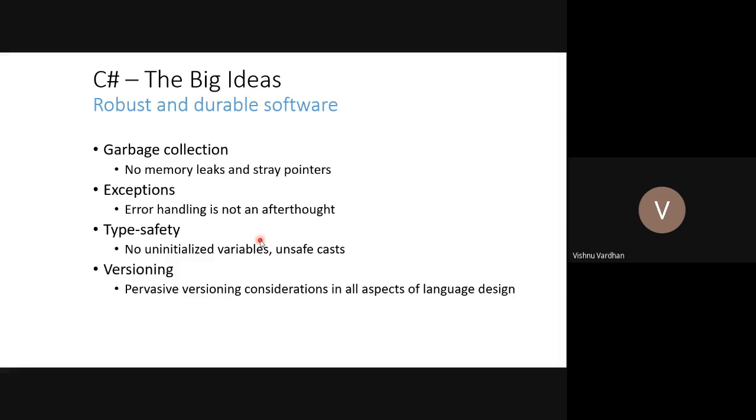You can cast it to integer, whereas if you are working in another language, it may be easier to convert accordingly to another data type or to the lower data type from the higher order, but it may create some problems. But in C sharp, you cannot do it that way. Everything has to be typecast. Okay, so no uninitialized variables are accepted. You have to initialize any variable you are declaring. Then unsafe casts are also not supported.